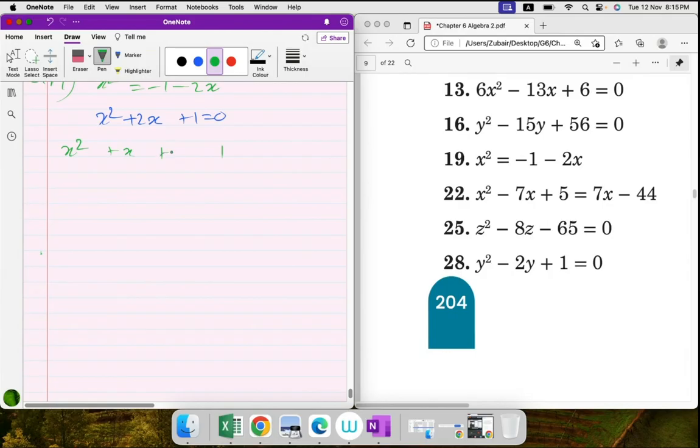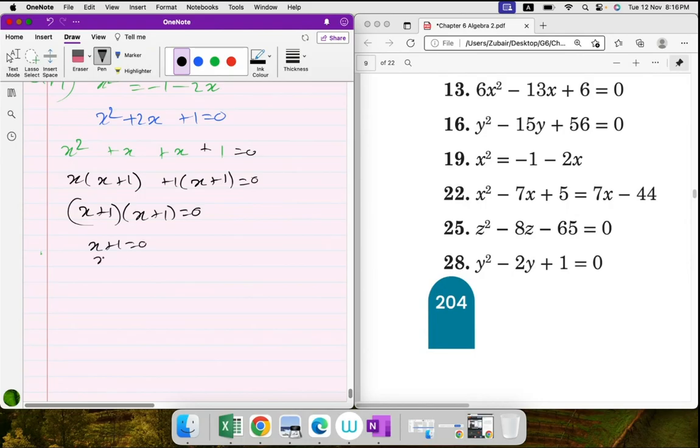So 1 and 1. x common, x plus 1 plus 1, x plus 1. x plus 1 into x plus 1. First factor equal to 0, x is equal to minus 1. And we are getting the same value for both those factors.